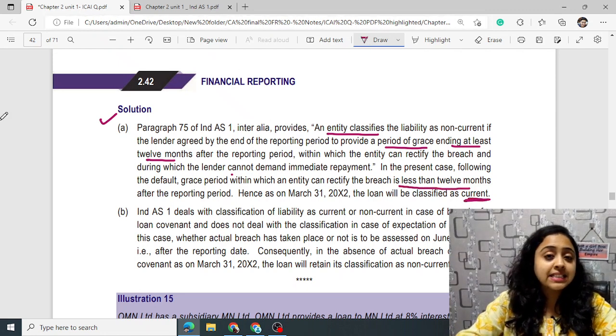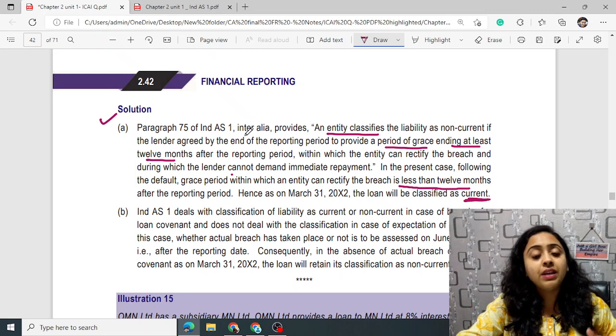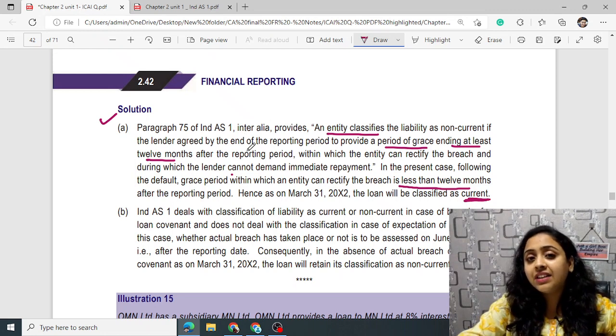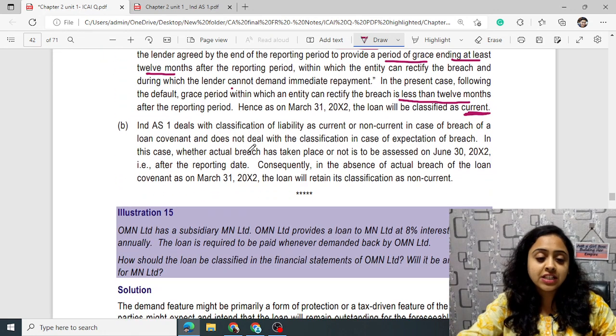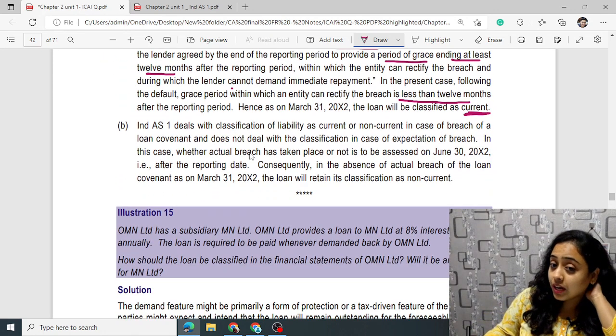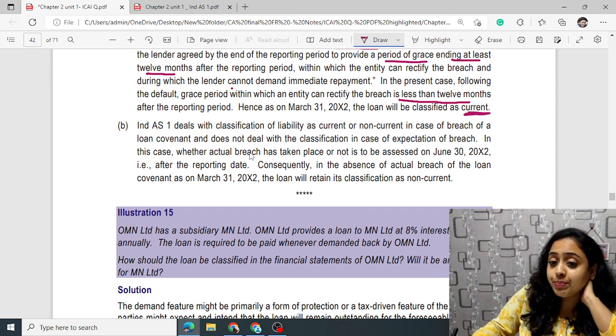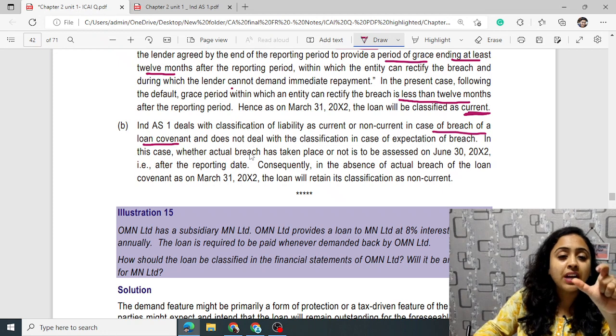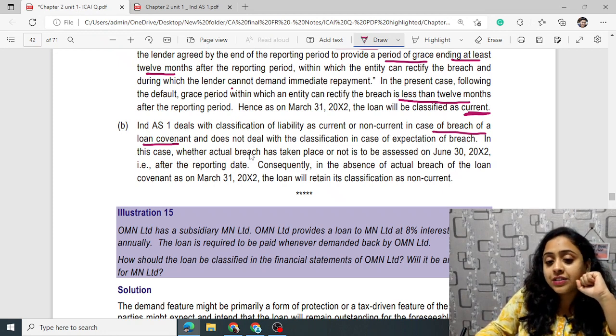Okay, in the next case, they approached the bank before the declaration that they will not be receiving the promoter's contribution. Since they expected that they will not be receiving the promoter's contribution, they have taken action of extension. So, current or non-current classification is for a case of breach of a loan covenant, or you can say loan condition, and does not deal with classification in case of expectation of breach.